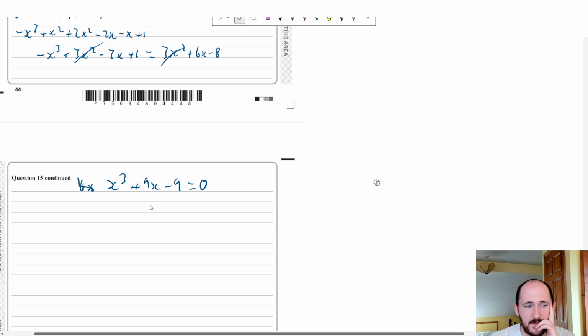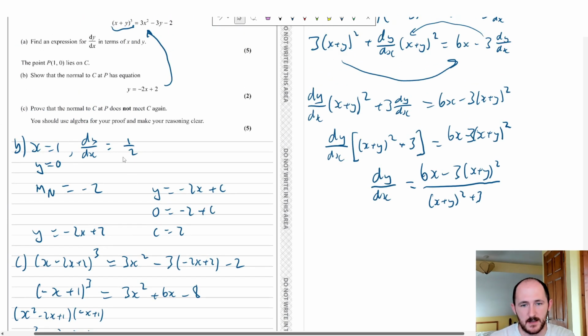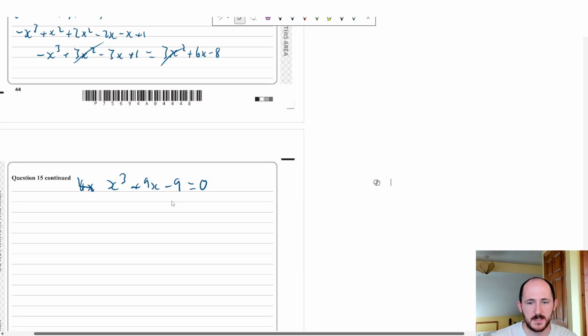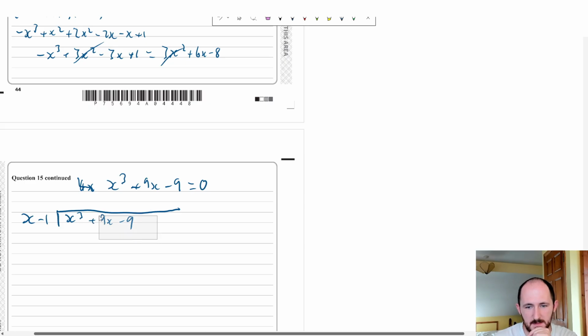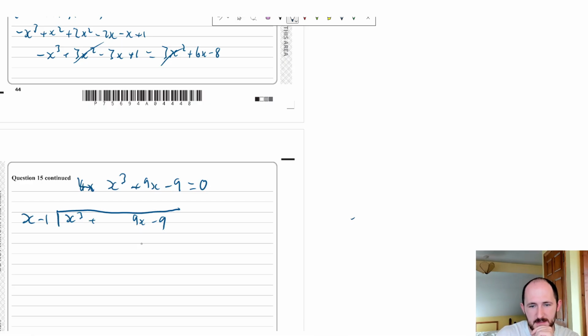Fantastic. Okay, what would be a factor? Actually, we know what one of the factors is. One of the factors is x is 1, which means this is definitely divisible by x minus 1, right? Praise be to the Omnissiah. Okay, so divide by x, we get x squared. You know what? Before I make a mistake, this is advice I was giving some of my students before. Always fill in the gaps.